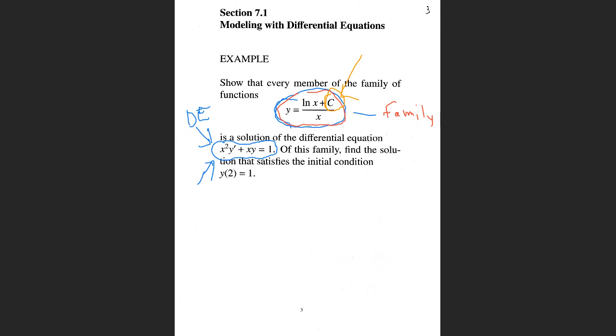All right. Now, what we want to do then is show that every member of this family of functions is a solution of the differential equation. And then after that, we're going to find a solution that satisfies what we call an initial condition.